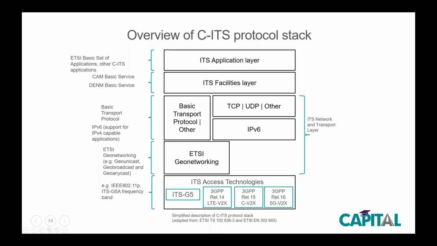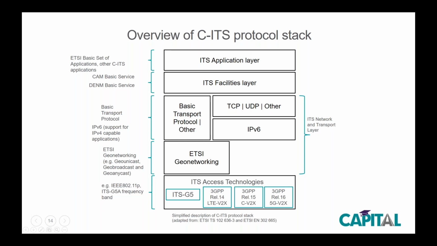On top of the access technologies, there is the ITS network and transport layer. For technologies based on 802.11p, the network and transport layer will include GeoNetworking protocol and Basic Transport Protocol. In case of technologies based on mobile networks, the network and transport layer will include IPv6, TCP, UDP, or another transport protocol.